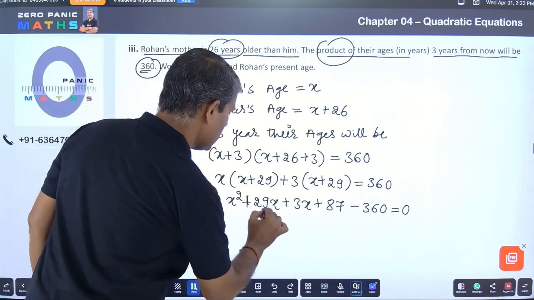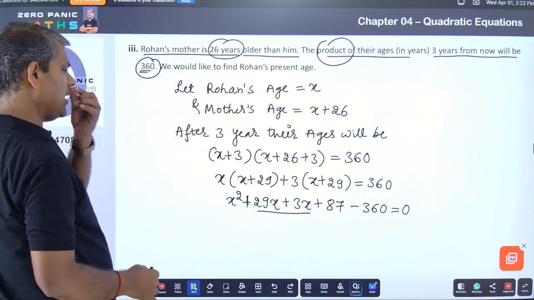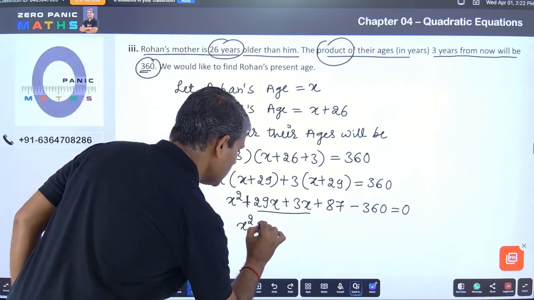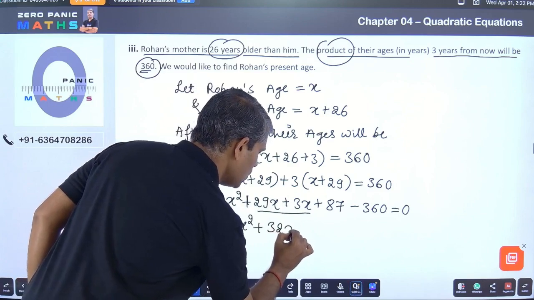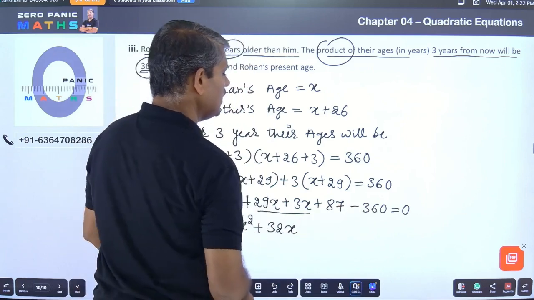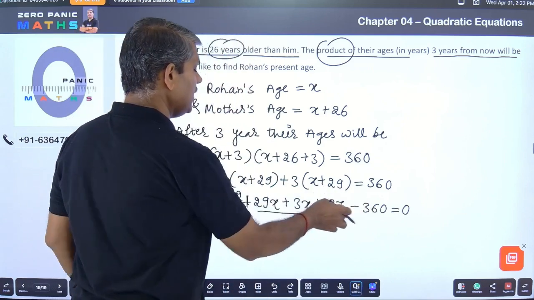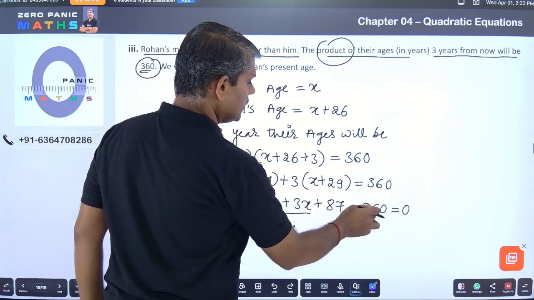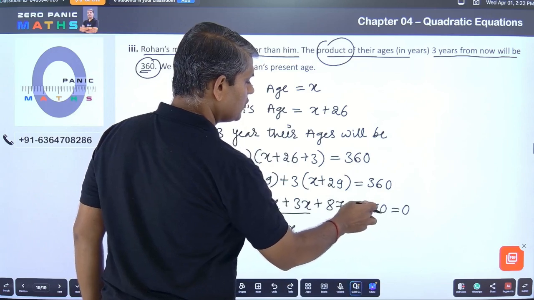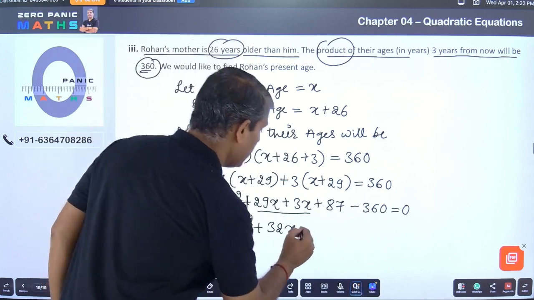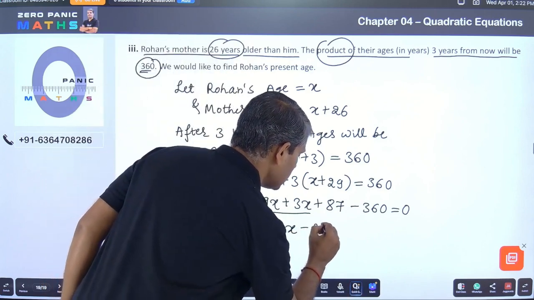What will it give me? 29x plus 3x is 32x. x square as it is, and this is 32x, and then minus 360 plus 87. Deduct 80 from 360 and it gives 280, then deduct 7 from it, it will be minus 273.